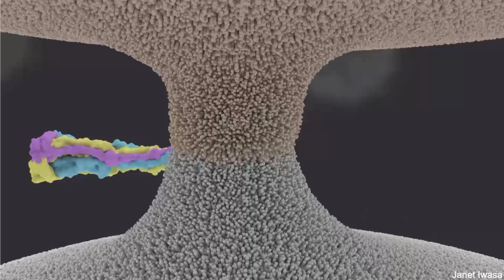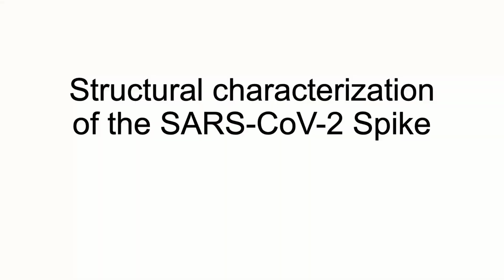Now, a lot of work has been done to identify and understand what that means for the SARS coronavirus 2 spike. So this video was based on a number of other structures prior to 2019, like the structure of SARS coronavirus spike, of MERS coronavirus spike, and of previous structures solved like MHV or HKU1 as well.